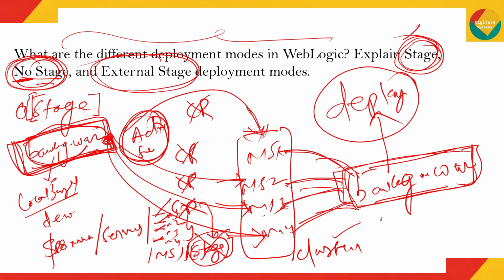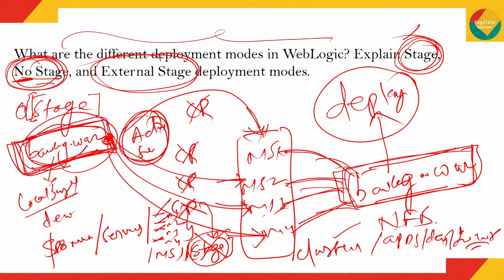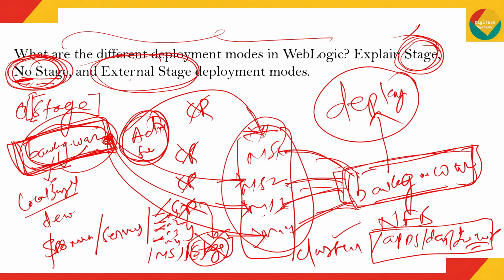Okay, so maybe I have an NFS shared file system, and somewhere in my shared file system I have placed my code file banking.war. So during deployment, I will select this location for my application. If the mode is no stage, each managed server will look for this directory for the application. It will not copy to each and every server's staging directory. This is called no stage.